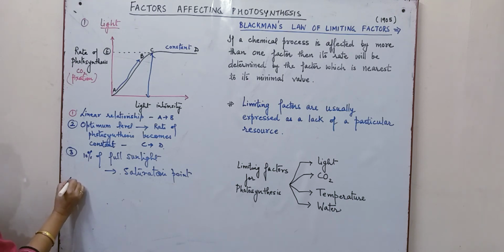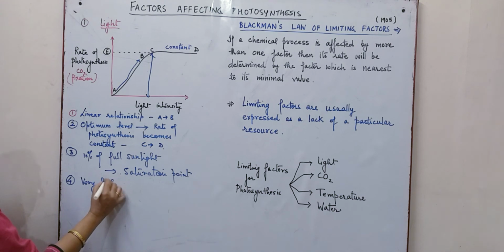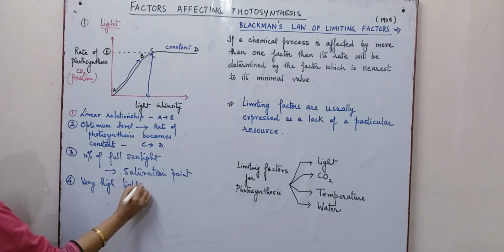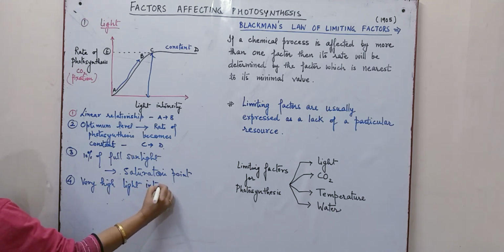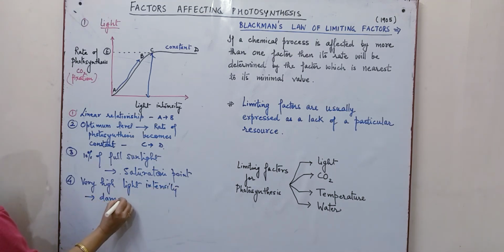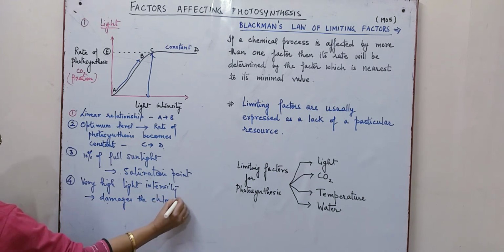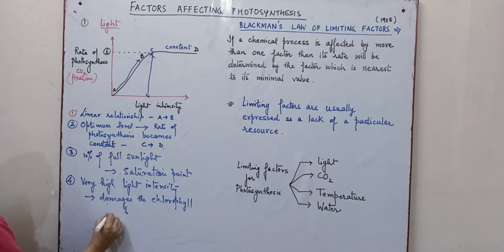Also, it is important that very high light intensity damages the chlorophyll, and this results in a decrease of photosynthesis. So here we see that light is an important limiting factor in plants growing in shade.